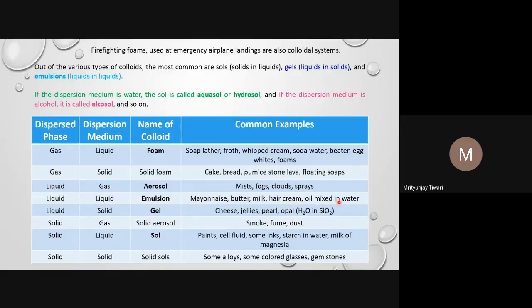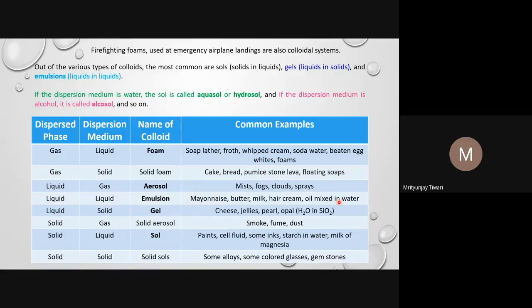Sometimes oil spills in oceans, the petroleum oil that is carried by ships. Initially it floats on the surface of the ocean, and because of the water waves, the large mass of oil splits into very small particles.